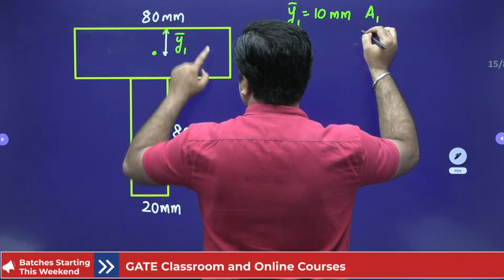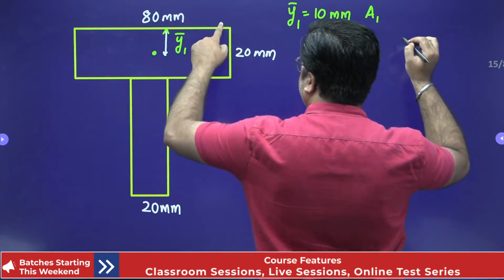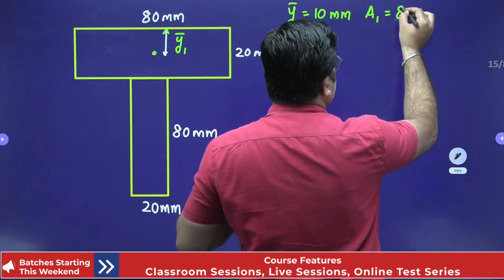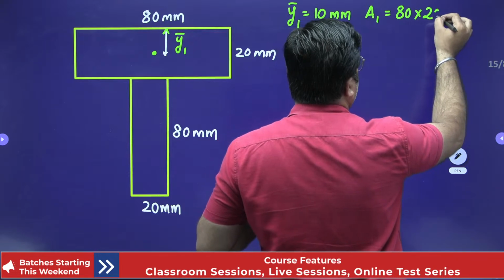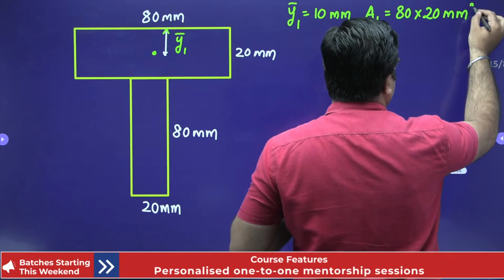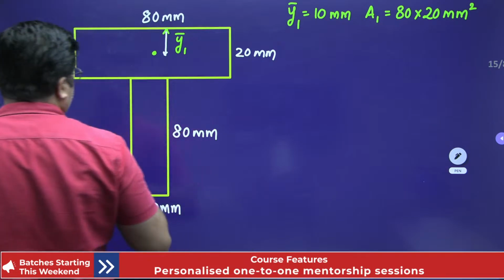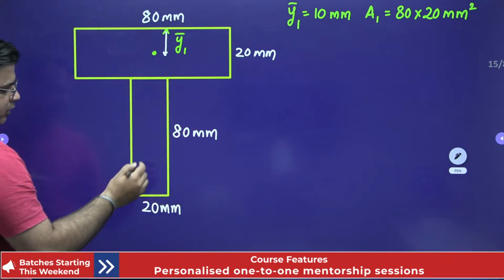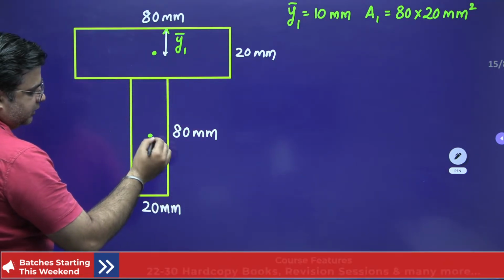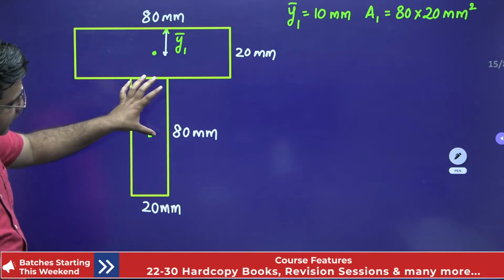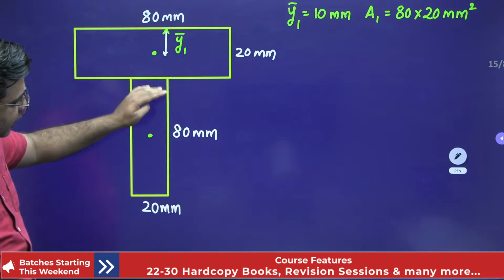A1 area, this area of rectangle is 80 into 20, so this is 80 into 20 mm square, right? Now, coming to the bottom rectangle, this is the CG and this CG will be at a distance of 40 mm, that is half of this 80 mm.